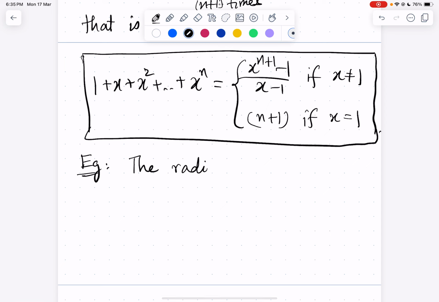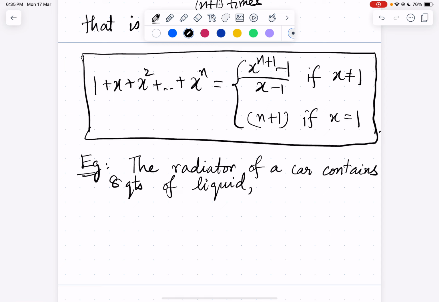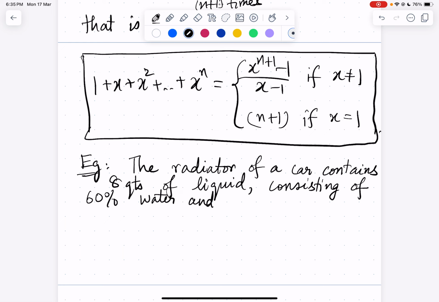The radiator of a car contains 8 quarts of liquid consisting of 60% water and 40% antifreeze.